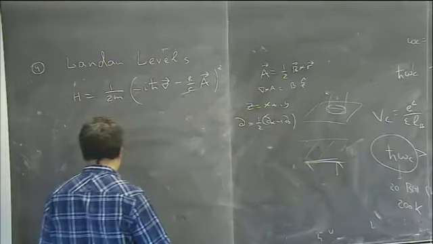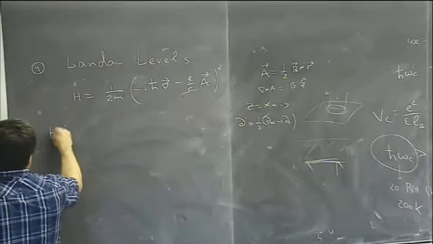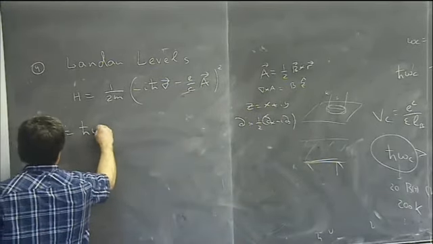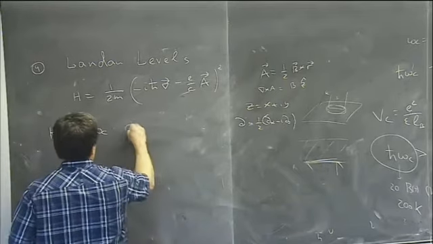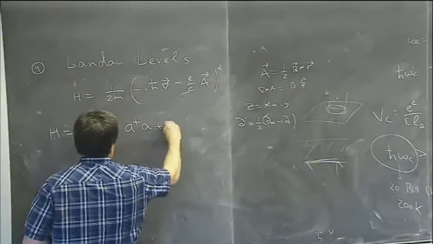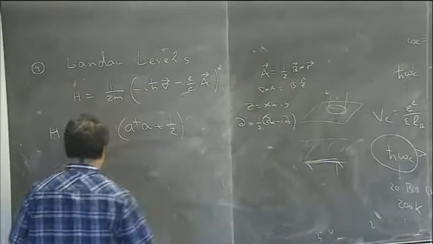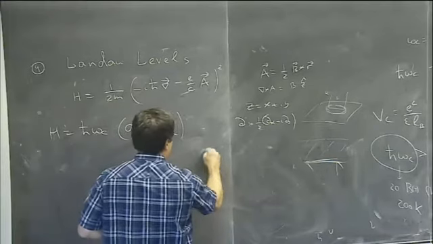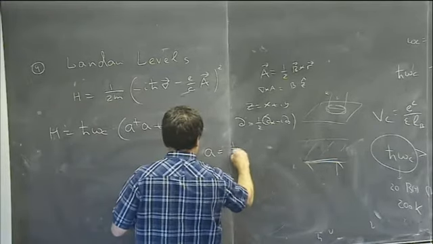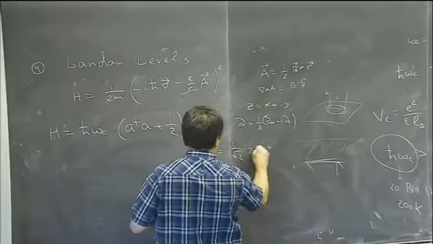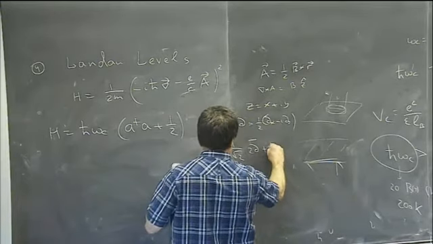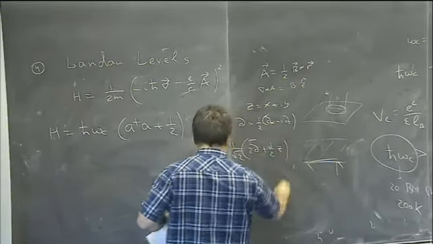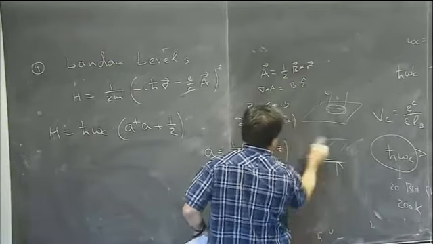These are notations. Then it turns out that the Hamiltonian can be written as h bar omega c times (A dagger A plus 1/2), where A is 1 over square root of 2 (d bar plus 1/2 z), and A dagger is the Hermitian conjugate.